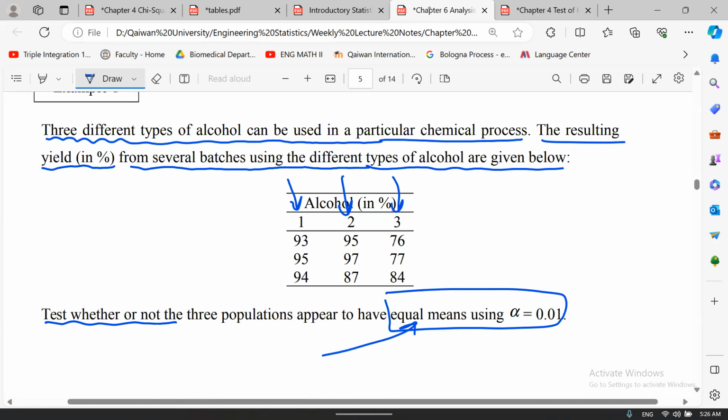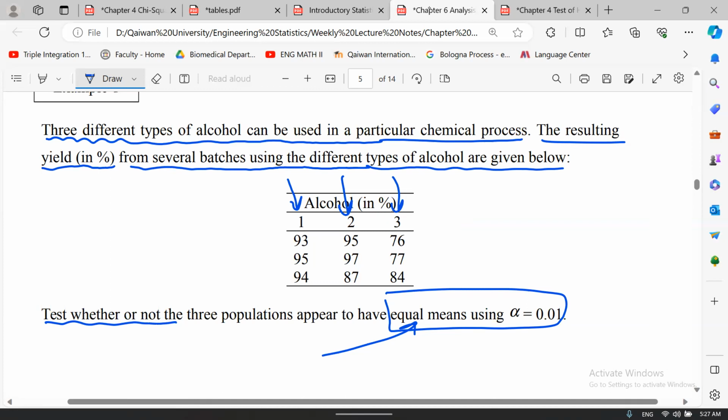This is the null hypothesis. It's always given in the exam. The null hypothesis must be given in the exam. What's the alternative hypothesis or H1? H1 is that at least 2 of them are not equal, or at least 2 of the types of alcohol do not have the same mean.